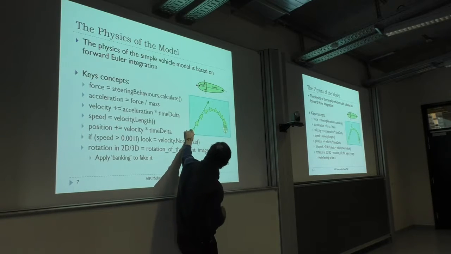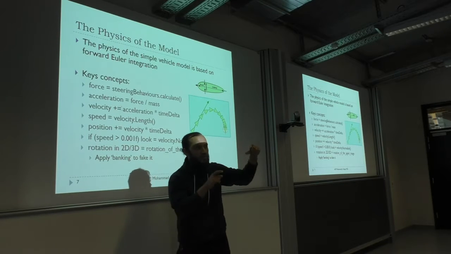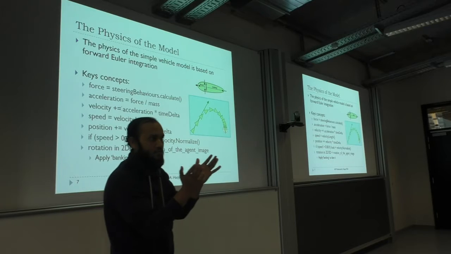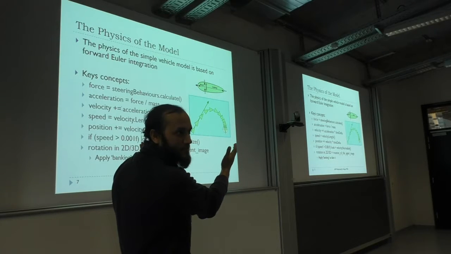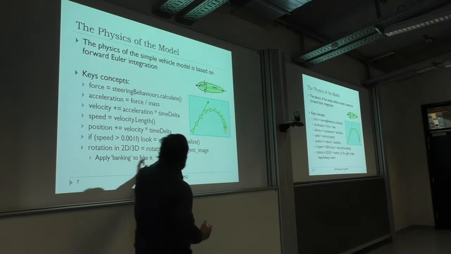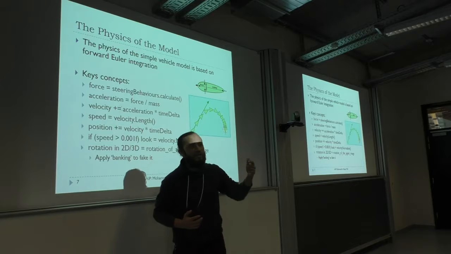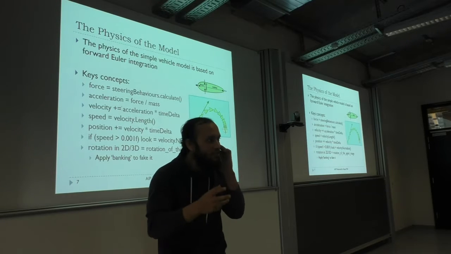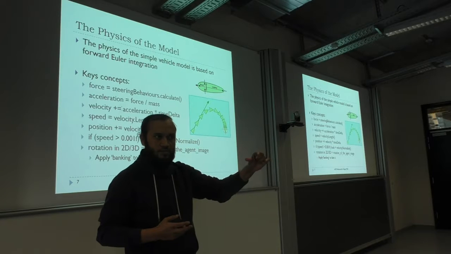But you see here, it is looking like this, and then here it is looking like this. So if you have a car, for example, or vehicle, and if you want to animate this one on the screen, then how can you show that it is moving from this direction to this direction? You can apply some kind of image rotation algorithm to show that the vehicle is moving like this.